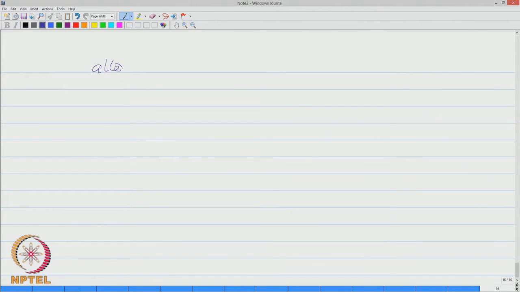Alternatively, people have used stainless steel also as a material for fire resistance, but stainless steel has certain discrepancies.